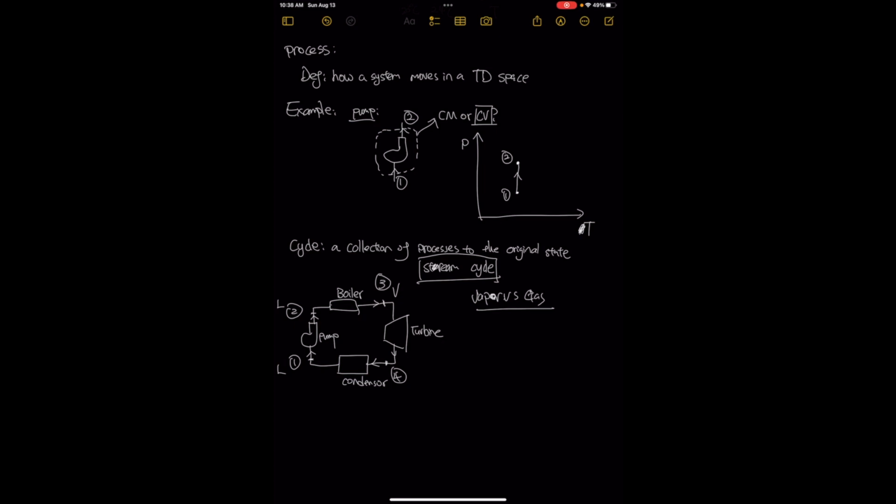And now in the boiler we just add a lot of energy to the liquid water, make it phase change, and some of the molecules start to take off and carry a certain amount of energy. Then we go through state number 3, and those high energy molecules start hitting the turbine blades, right?